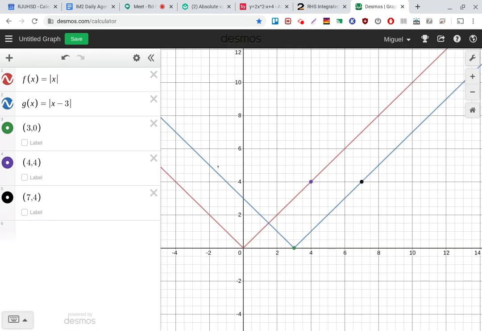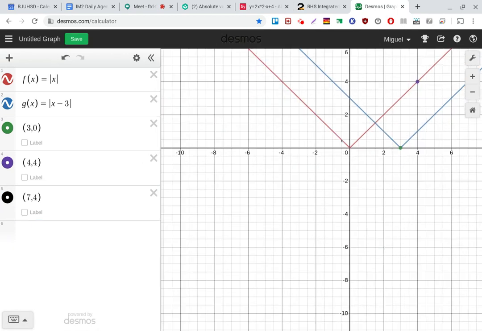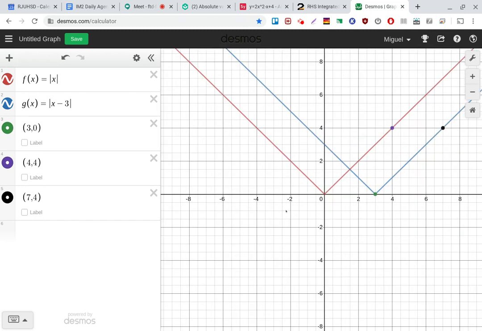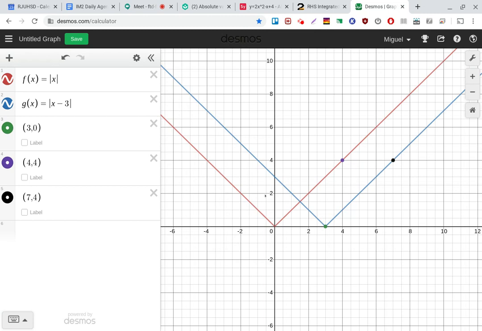So who got up to 4 faster? The red one or the blue one? The red one got up to 4 when the input was 4. The blue one got up to 4 when the input was 7 because the input was being reduced by 3.